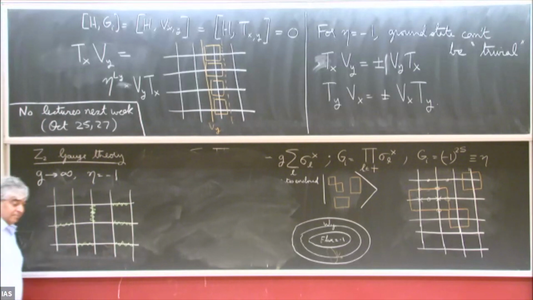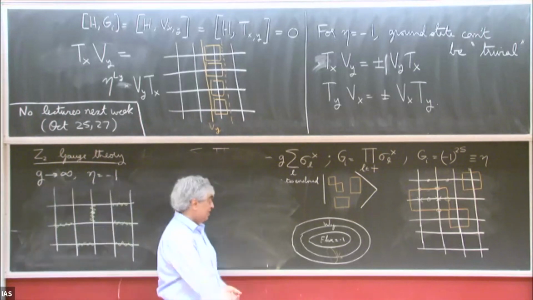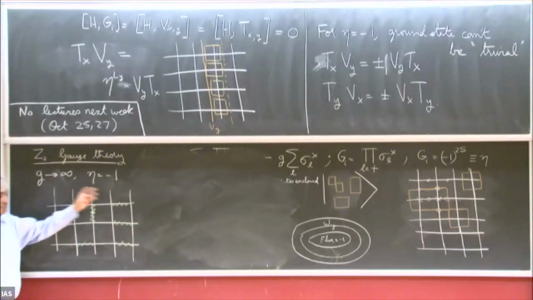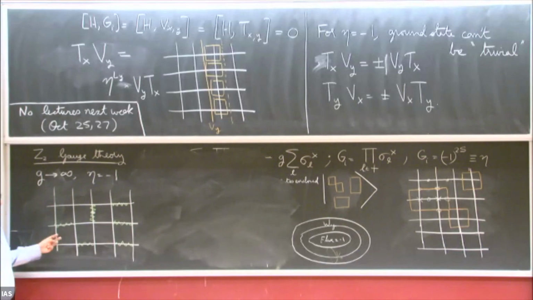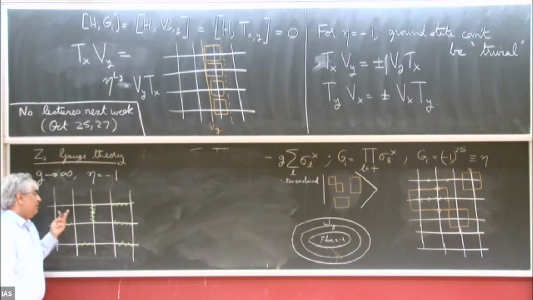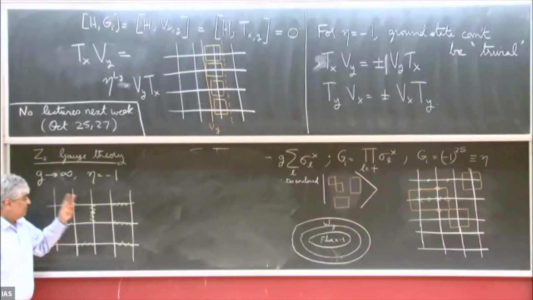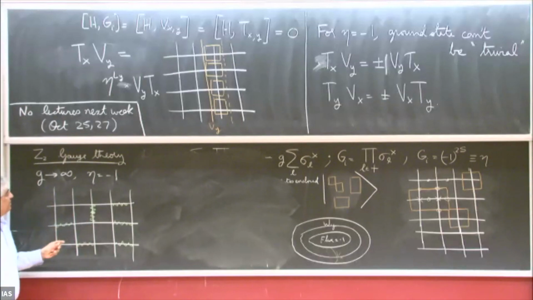So what happens at very large but not infinite G is a very complicated question that involves doing some kind of effective theory of fluctuations among these dimer configurations. You have to write an effective Hamiltonian on this space, which is called the quantum dimer model. And what we know is that for both the triangular and the square lattices, the leading terms as G goes to infinity are such that the ground state breaks the symmetry.